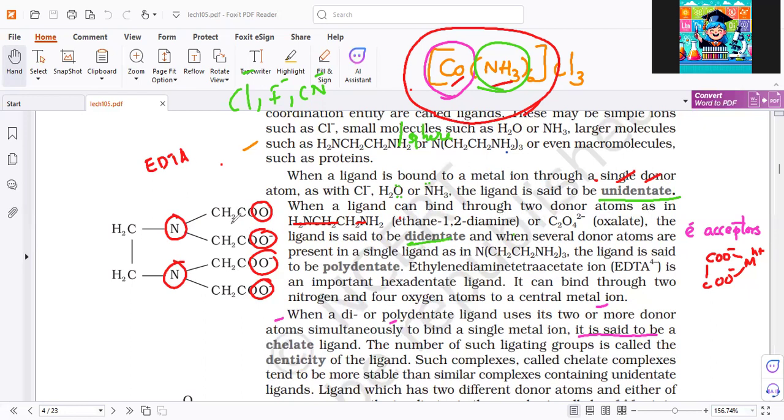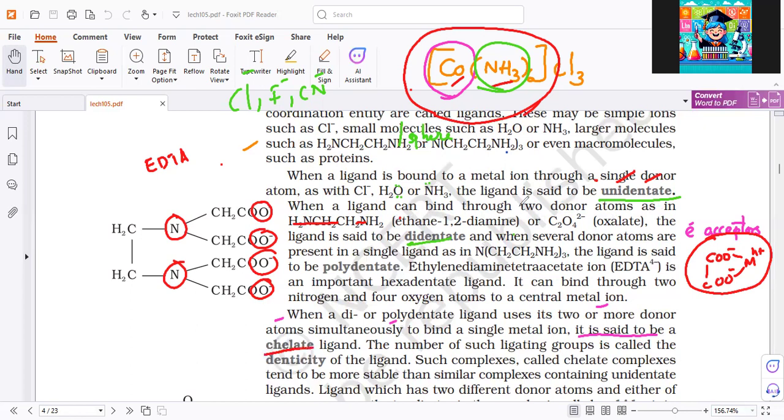So like this, for bidentate and polydentate ligands, if two or more atoms are used for forming bonds with the metal, for example, in the case of oxalate ion, if both the oxygens are used for making a bond with the metal, such a ligand is called a chelate ligand.